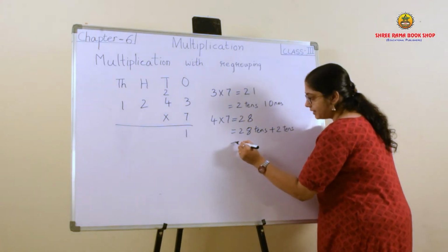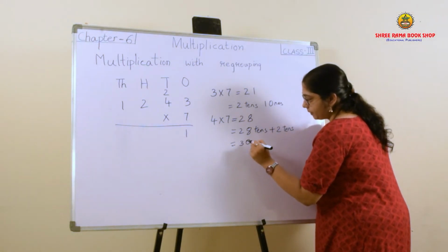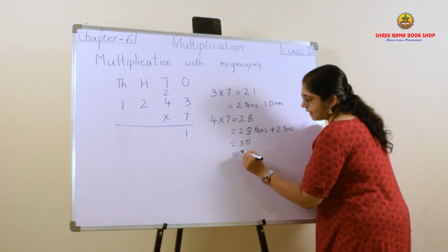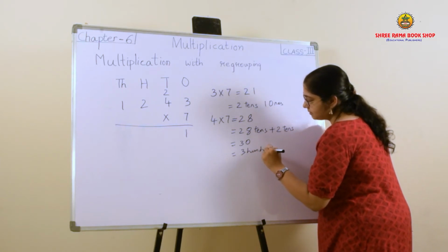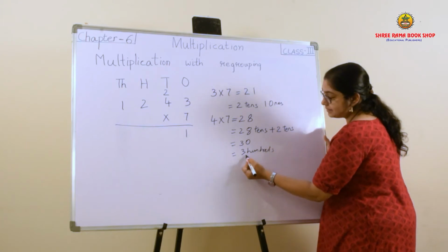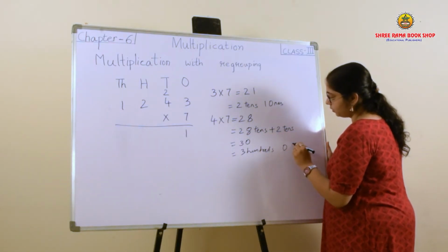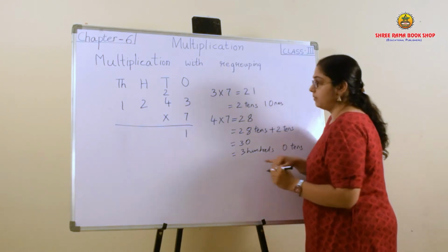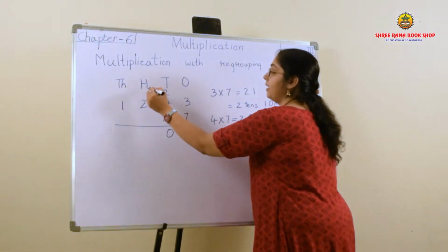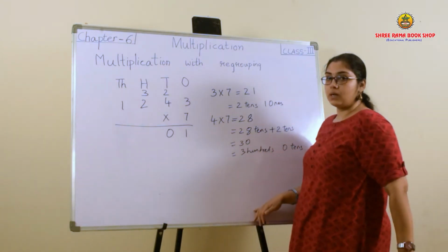So the answer is 30. So this can be written as 300s because I will be carrying this 3 to hundreds column and I will be writing 0 in the tens column. So I will be writing 0 over here and I will be carrying 300s to the hundreds column.